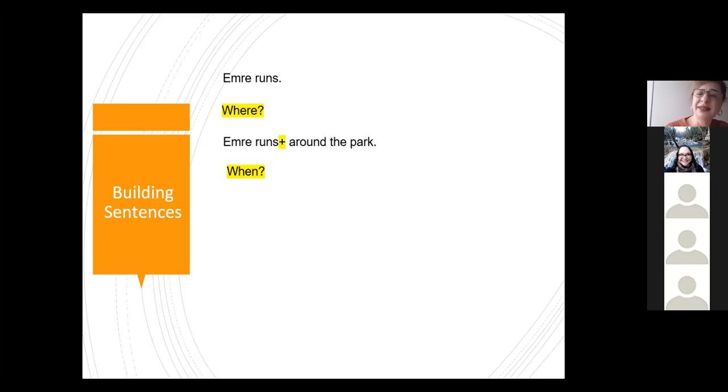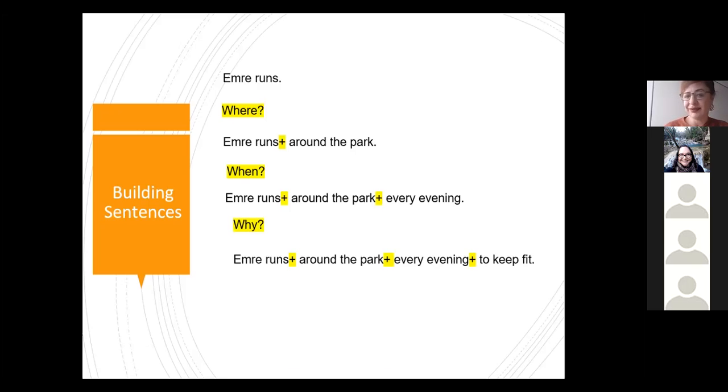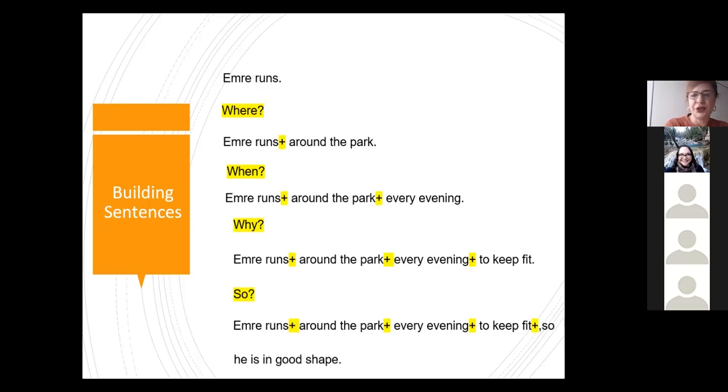So Emre runs around the park every evening. Why does Emre run? To keep fit. And what happens when he does? As you can see, each question, in fact, helps students to add one bit to the sentence.